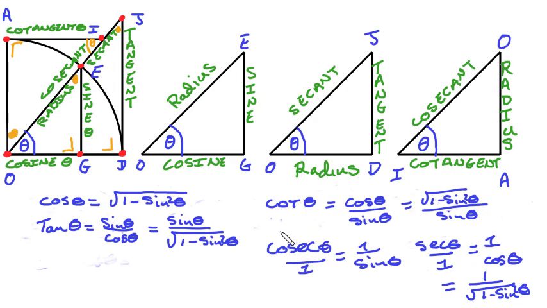Okay, so you can see that we have expressed the cosine, tangent, cotangent, cosecant, and secant only in terms of the sine. And you can do this with any of the trigonometric lines you so wish, and it's something that's worth practicing. So we're going to stop this lesson here.